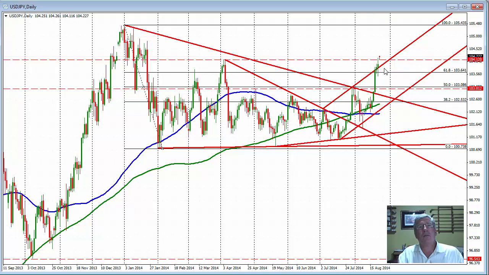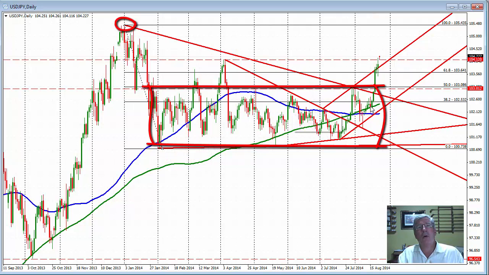Looking at the daily chart for further upside potential, the move toward the 105.43 level is not out of the question. We spent a lot of time down here in the bottom half of the year's trading range. In fact, over the last 4 or 5 months, we spent time below the 50% retracement of the year's trading range.